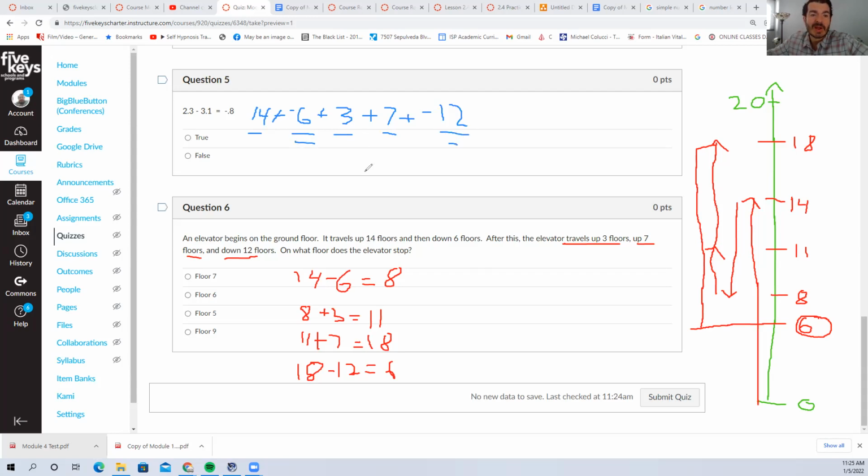So I'm going to move these around, and I can do that because addition is what we call commutative, meaning that we can flip it around a little bit. So 14 plus 3, I just moved this 3 over, plus 7, plus, now I'm going to work with my negatives, negative 6 plus negative 12.